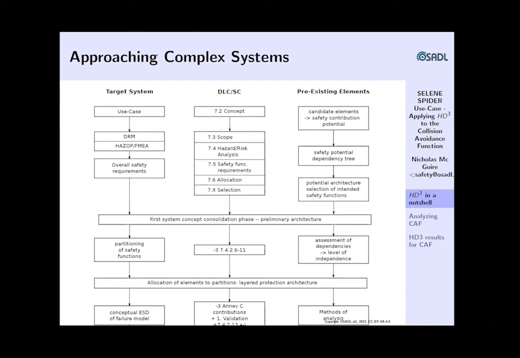Next slide, please. How to approach complex systems. Yep. So the approach that we developed in the SIL2 Linux project was that we say we actually have three initial columns. We have the target system, you have your use case, you know what you're trying to build. In a traditional system, we would go into maybe a design reference mission or directly into FMEAs or one of its variants.